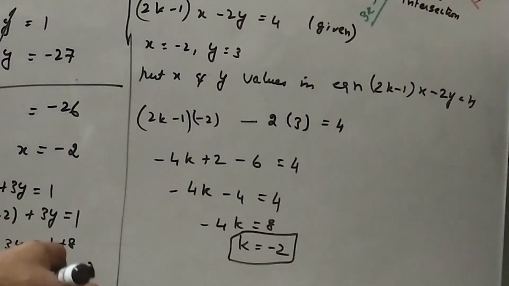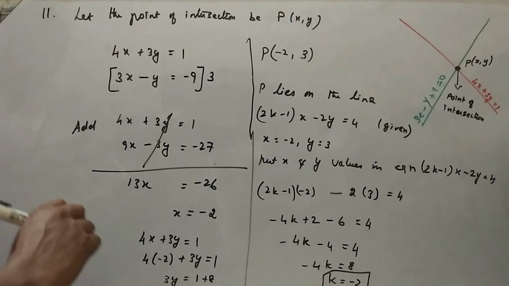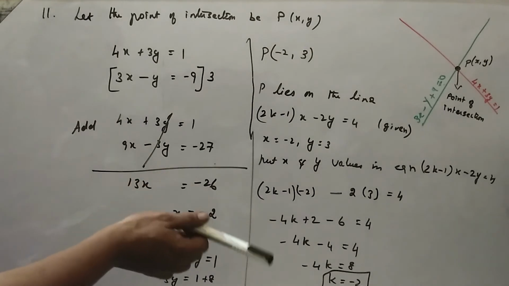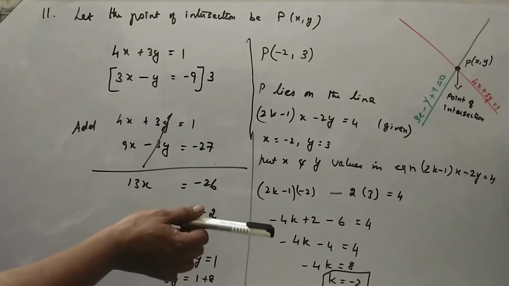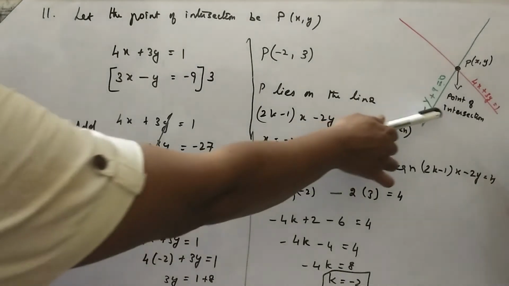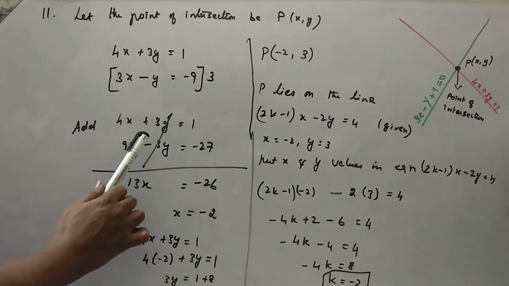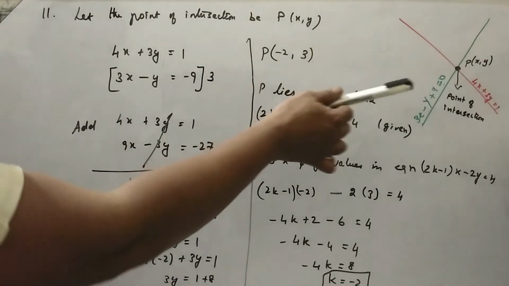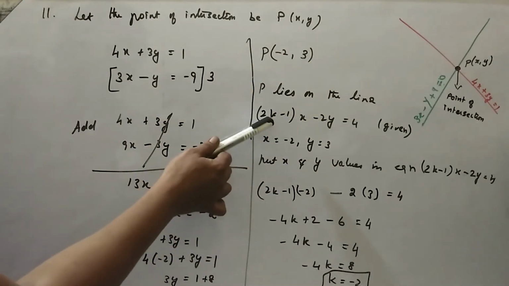What is the value of k? K is equal to minus 2. Okay. So, what is given in the question? Two lines are intersecting. So, we have to find out the point of intersection. You got it? After that, we have to find out the value of k.